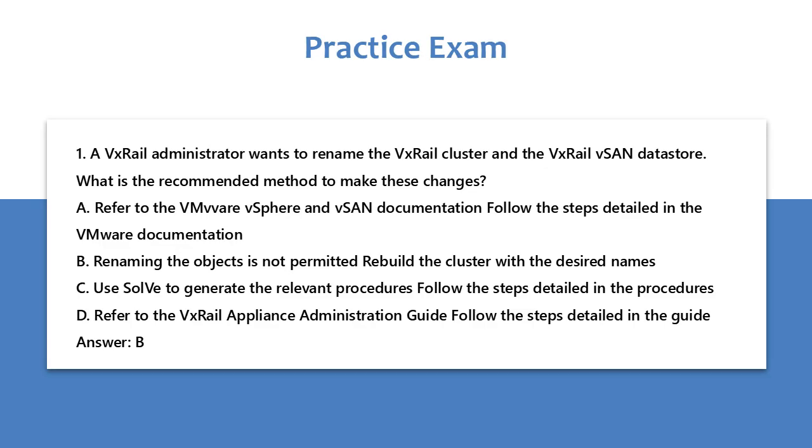B. Renaming the objects is not permitted. Rebuild the cluster with the desired names. C. Use Solve to generate the relevant procedures. Follow the steps detailed in the procedures. D. Refer to the VxRail Appliance Administration Guide. Follow the steps detailed in the guide. Answer: B.